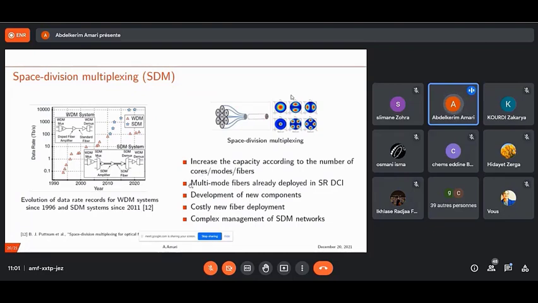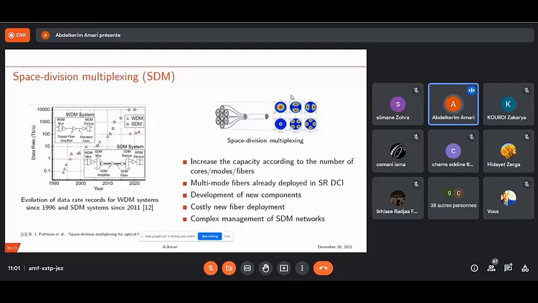When talking about multi-mode fibers, it's not a new technology, it's an old technology with tens of years, and we use it in some standards for SR data center links, with a reach of 100 meters inside the data center.